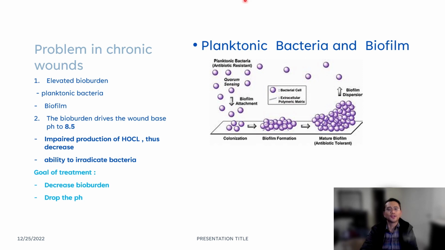If you recall in my first video, I mentioned that the production of hypochlorous acid requires a low pH environment, because protons are required for the production of hypochlorous acid. Therefore, due to the high level of bioburden in chronic wounds that drives the wound base to a high pH, there is an impaired production of hypochlorous acid and a subsequent decreased ability to eradicate bacteria.